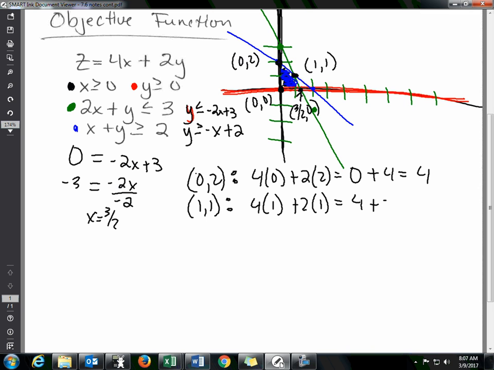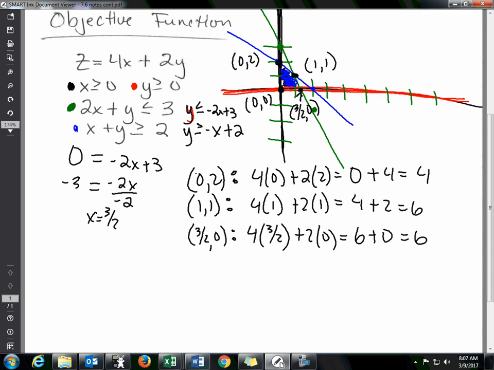Well, that's 4 plus 2, which is 6. Okay? And then at 3/2, 0, well, that's 4 times 3/2 plus 2 times 0. Well, 4/2 times 3 is 6, plus 0, which equals 6. Okay. And then at 0, 0, you get 4 times 0 plus 2 times 0, which equals 0 plus 0, which is 0.